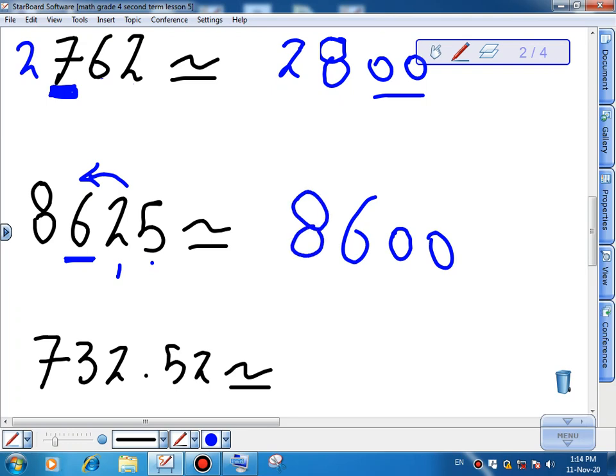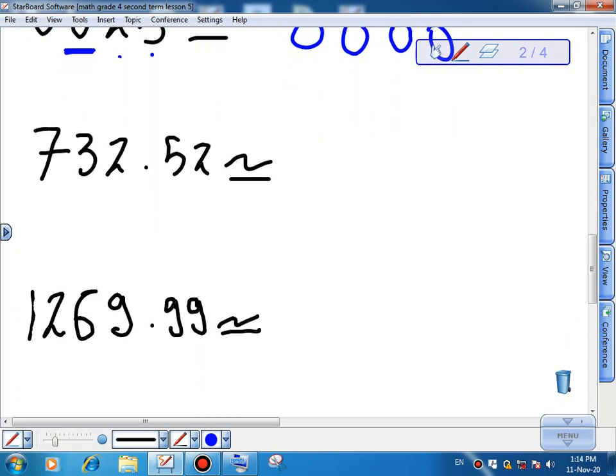Okay? So 8,600 is the approximation, nearer to 8,625. 8,625 approximated to the nearest 100 will be 8,600.